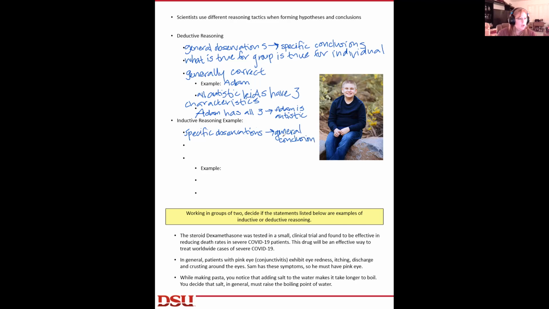In other words, what's true for one is true for all. As you can imagine, conclusions that are reached via inductive reasoning are often incorrect.